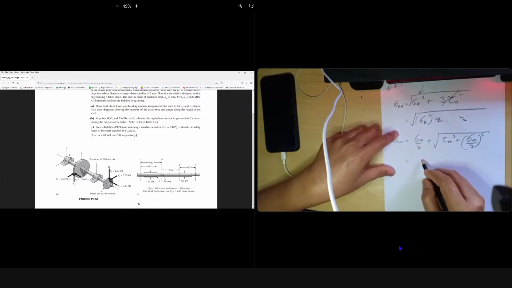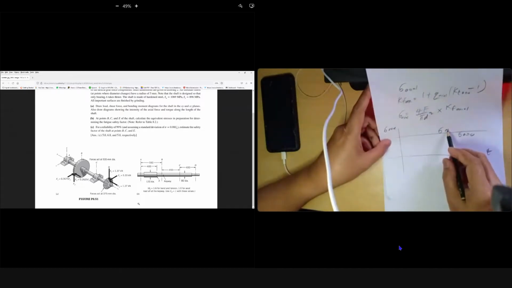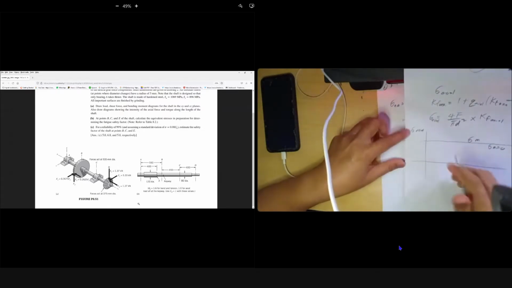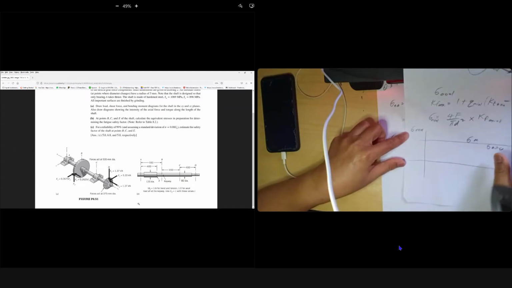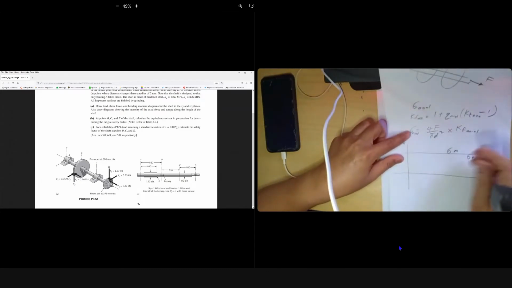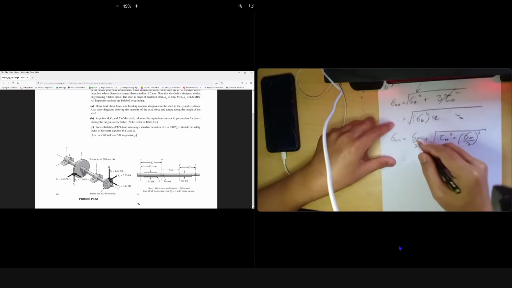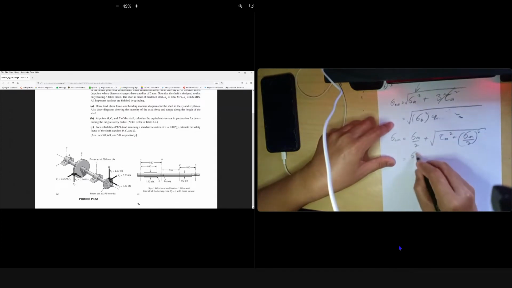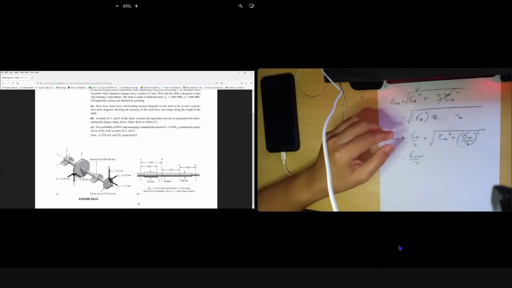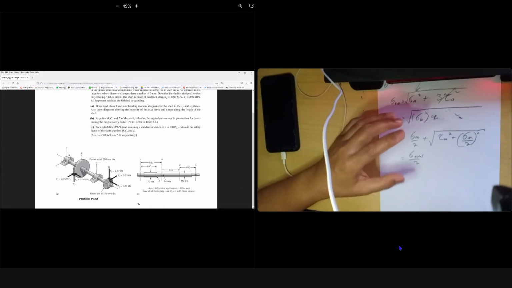Axial, right? Sigma min we have the axial stress, the axial stress times your KF axial. Bending we don't have a mean, because bending is completely reversed and the mean is 0.